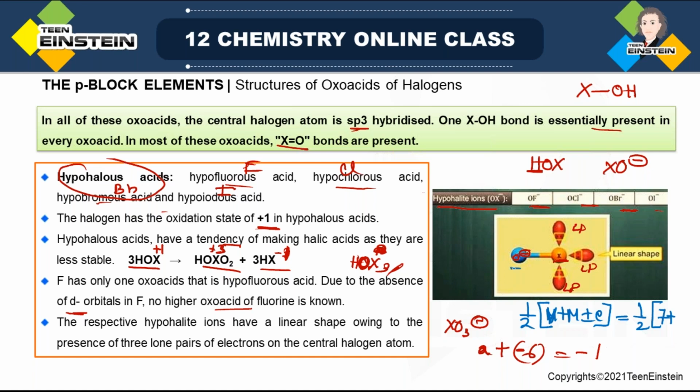And what is the charge? Here a negative charge is present, which is -1, so we have to add 1 because it is carrying one negative charge.